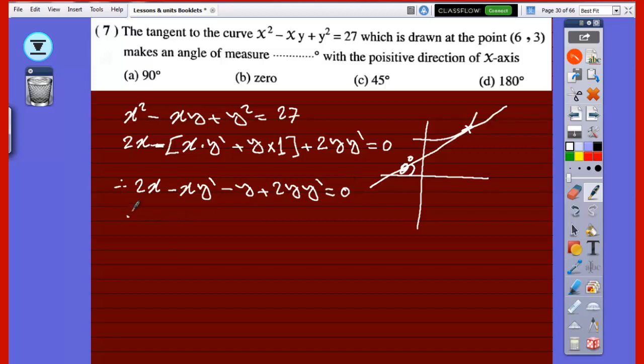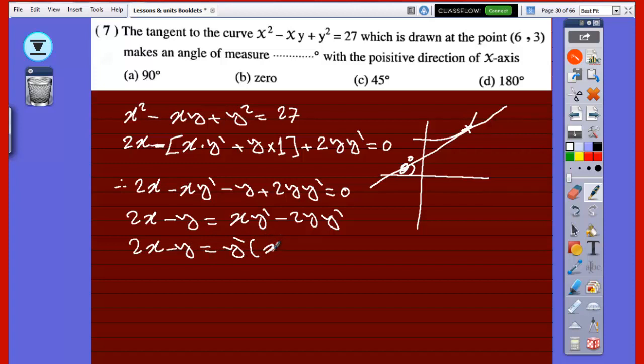So we have 2x - y = xy', bringing it to the right-hand side, it will be positive: xy' - 2y y'. So 2x - y equals y' as a common factor, multiplying by (x - 2y).